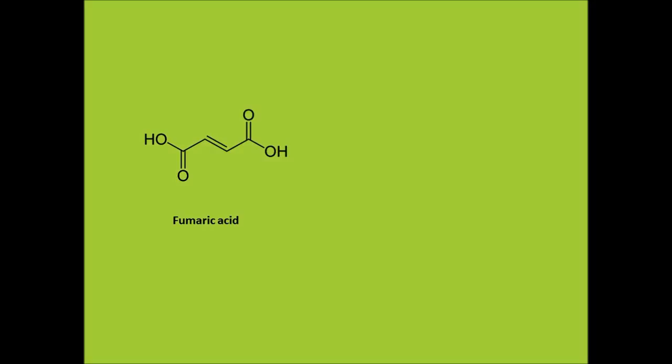Now, isomers have very different characteristics. For example, fumaric acid and maleic acid are stereoisomers. However, their characteristics are greatly different.